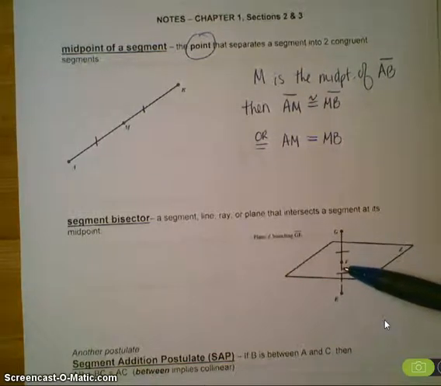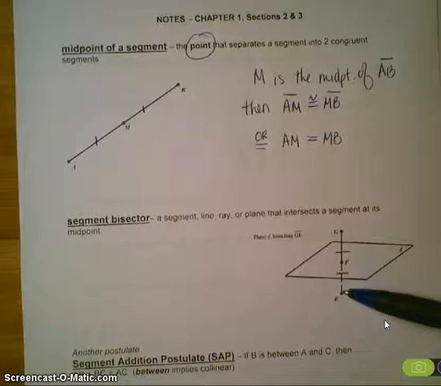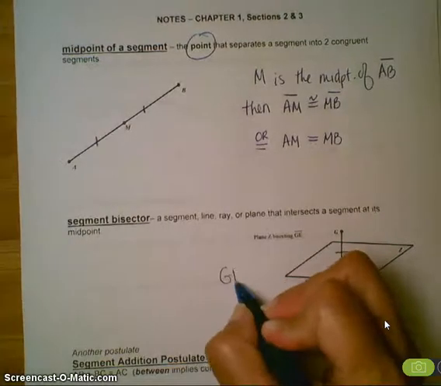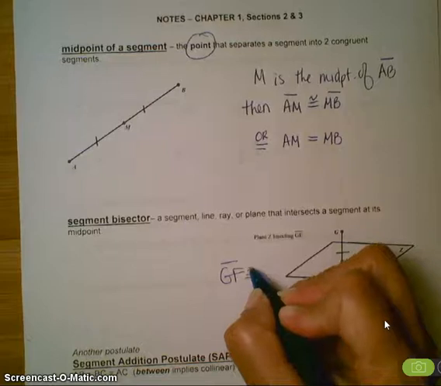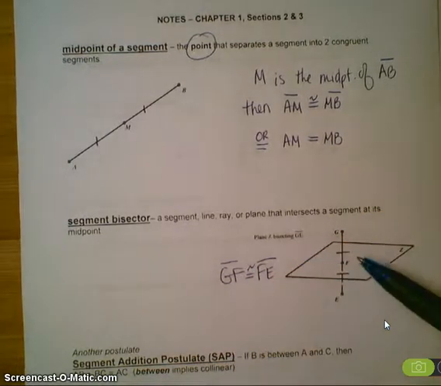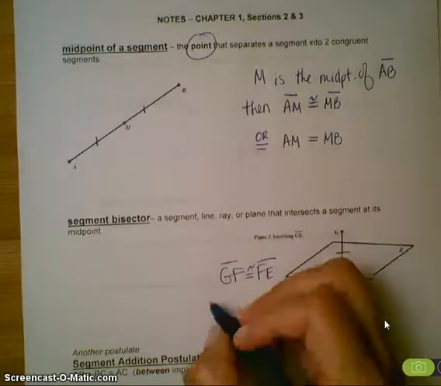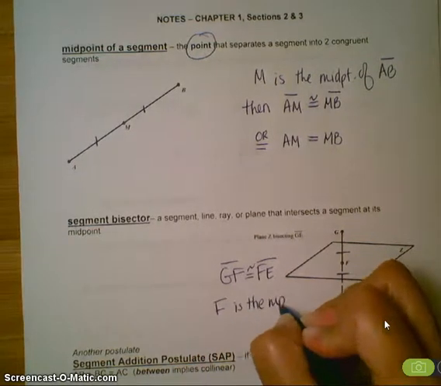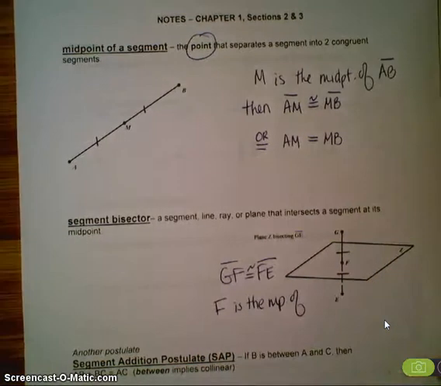Notice we have the return of the dashed line to show that the segment is passing through the plane. And also notice the tick marks to show that segment GF is congruent to segment FE. Also, because of those marks, I know F is the midpoint of segment GE.